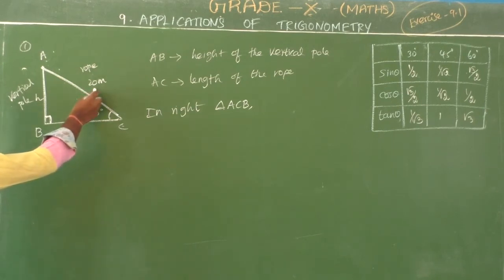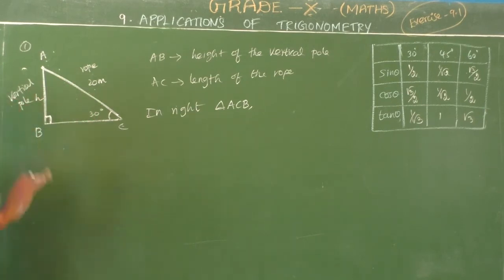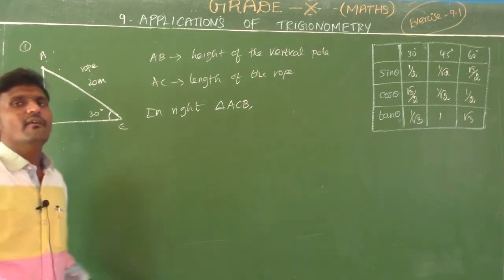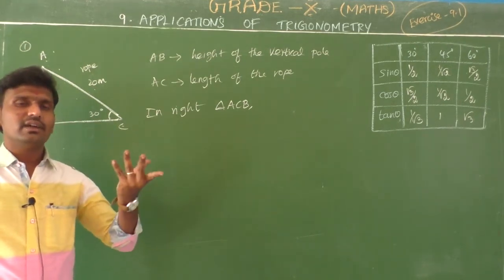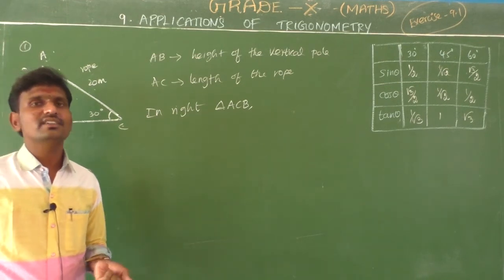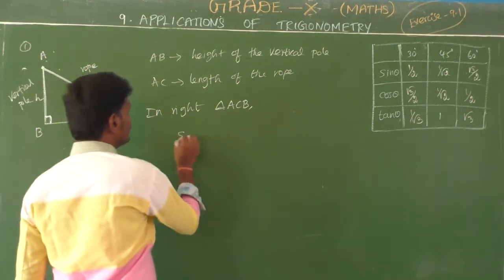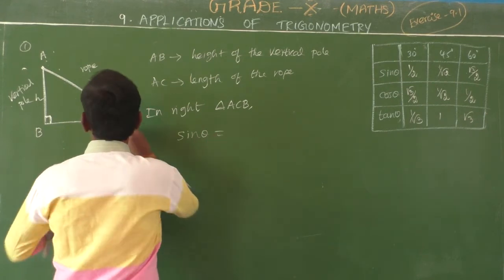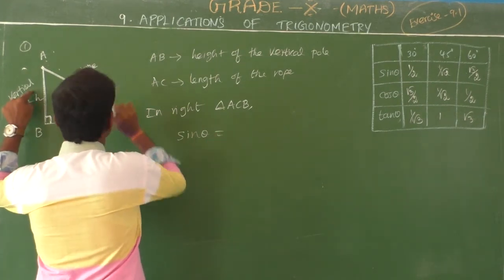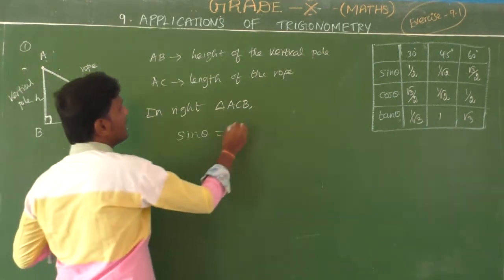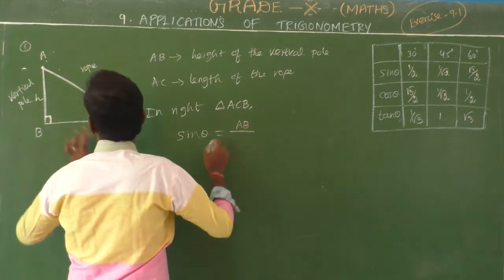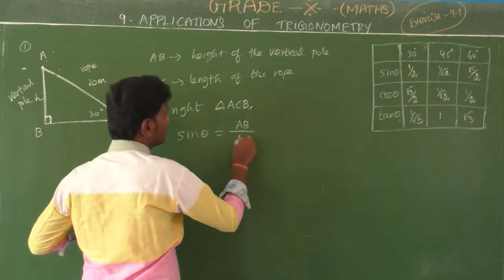So here you have a hypotenuse, and here you need to find the opposite side. When opposite side and hypotenuse are connected by which ratio? Sin theta, that's all. So sin theta is equal to opposite side divided by hypotenuse. Now the opposite side is AB, and hypotenuse is AC.